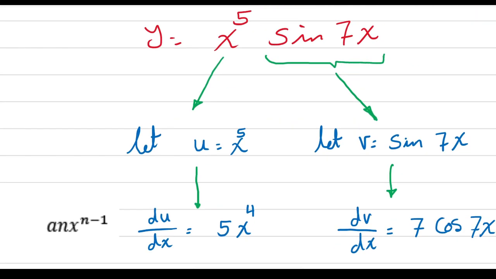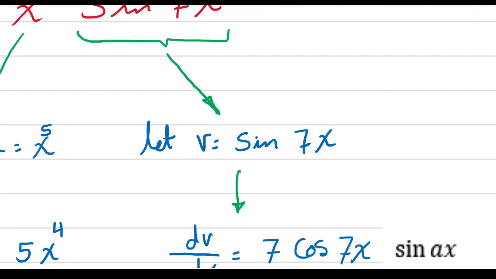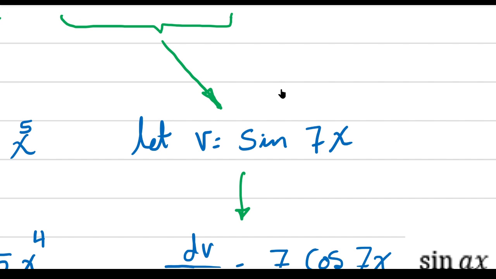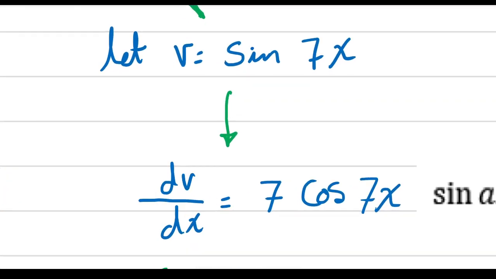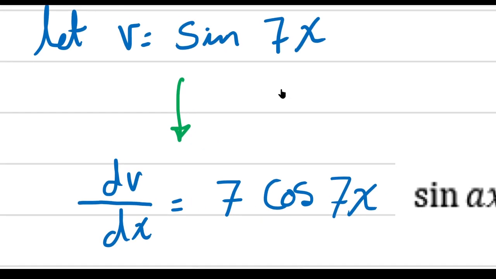How about v? Again, we named sin 7x as v. Then we need to differentiate v to get dv over dx equals 7 cos 7x. What we have done is bring 7 in front of the function, turn sin into cos, and keep 7x as it is.